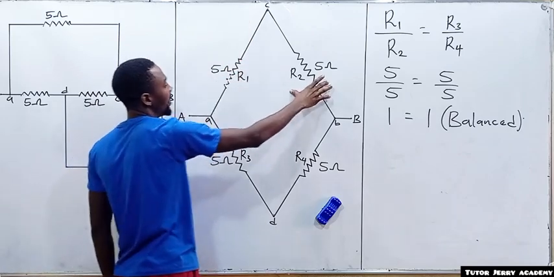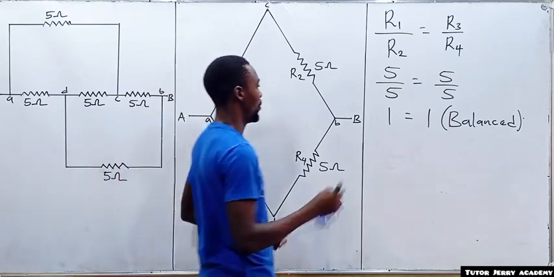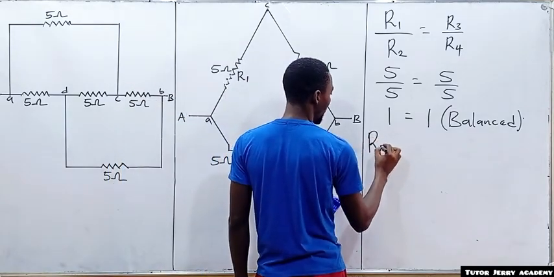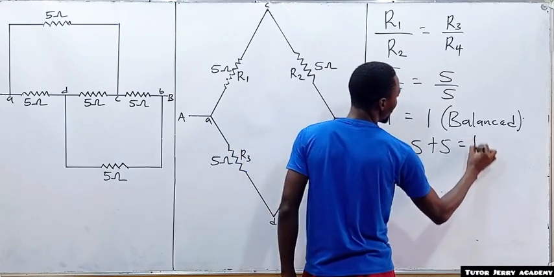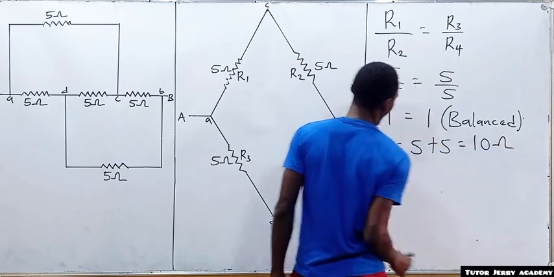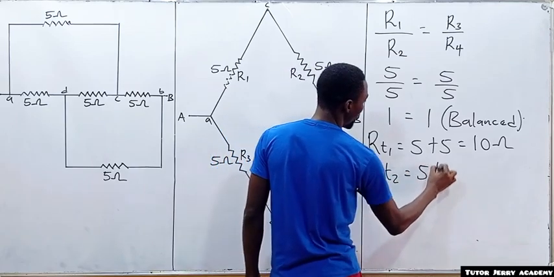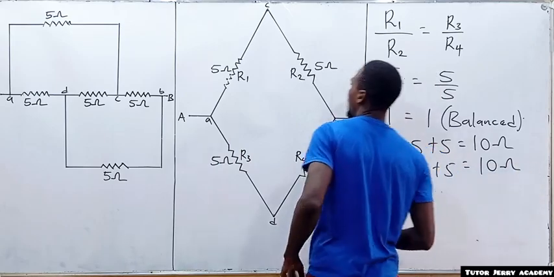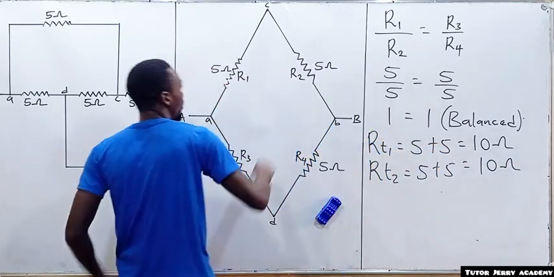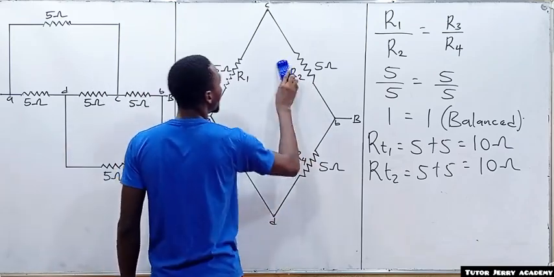So this and this, they are in series. This and this, they are in series. So we can say RT1 will be equal to 5 plus 5, which is 10 ohms. And then RT2 is also equal to 5 plus 5, which is also 10 ohms. We can therefore connect this directly to this and this directly to this, since we have joined the two.